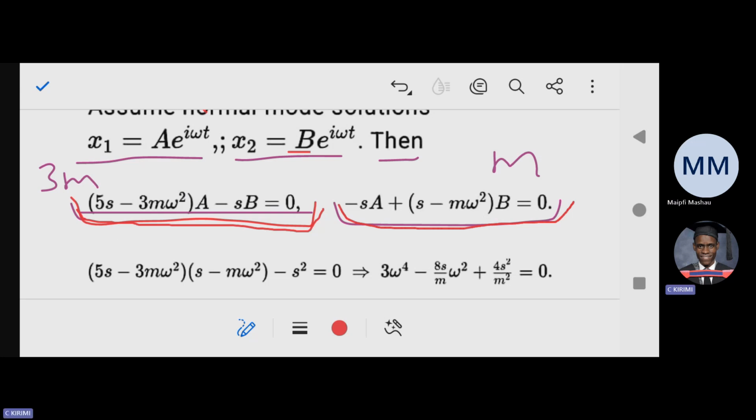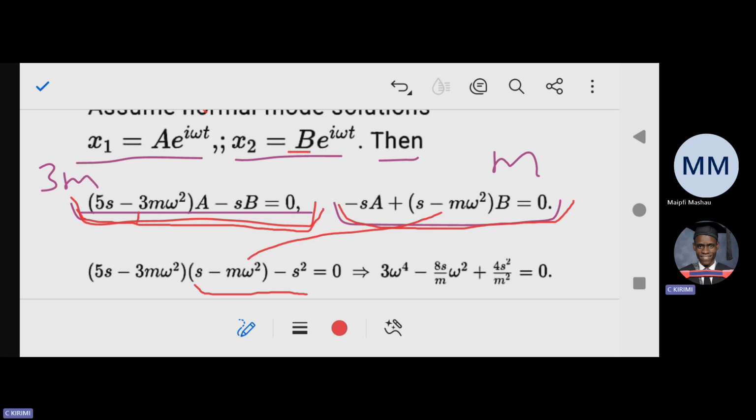So using the common factors, things which are common, which means if this bracket is equal to 0 and that, in other words, this bracket, s minus m omega squared, minus s squared.